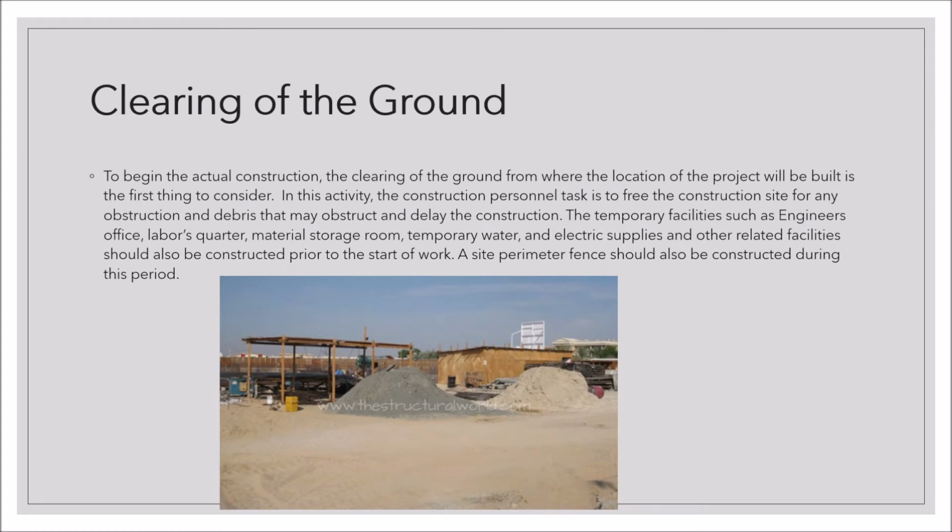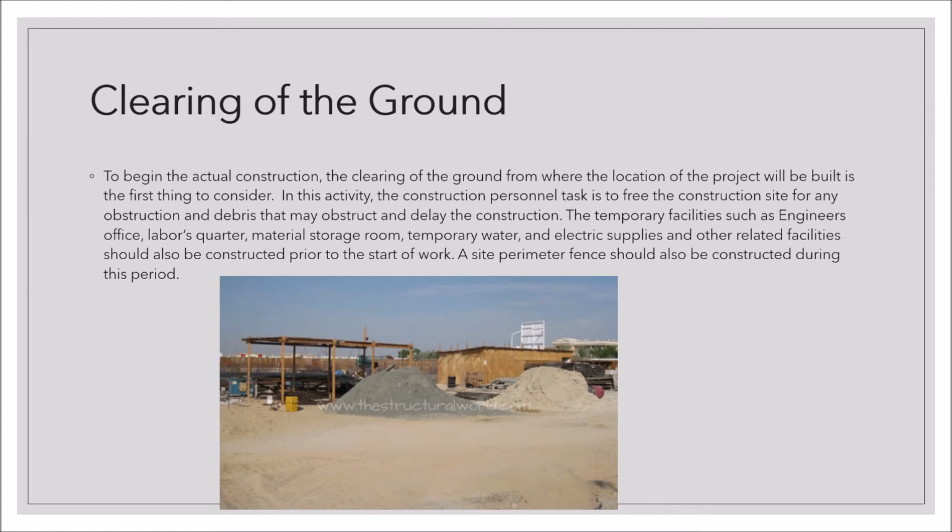In this activity, the construction personnel will free the construction site of any obstruction and debris that may obstruct and delay the construction. The construction site must be ready to accept the work.